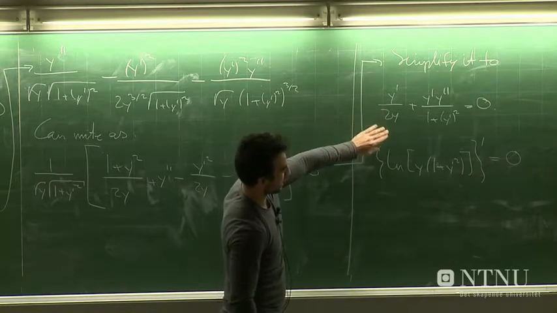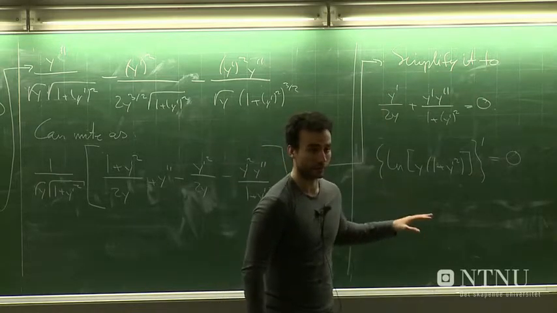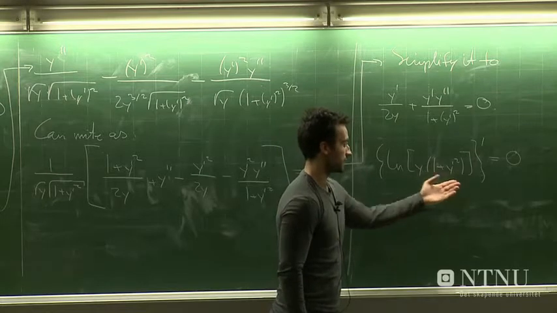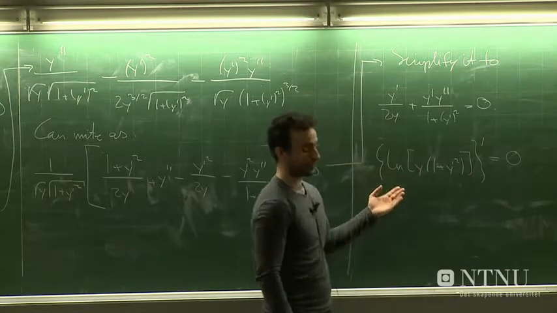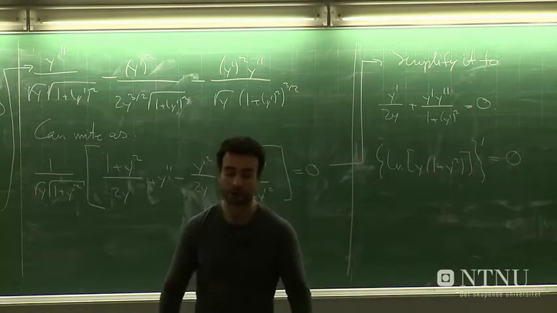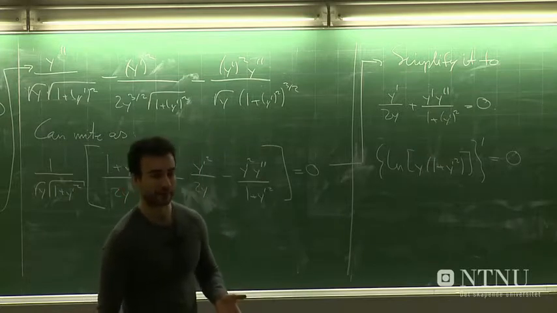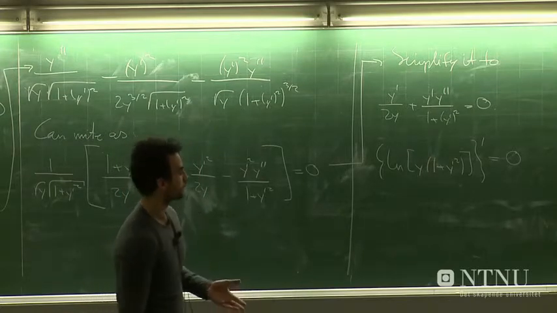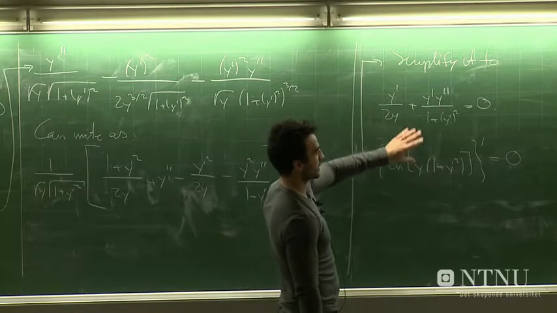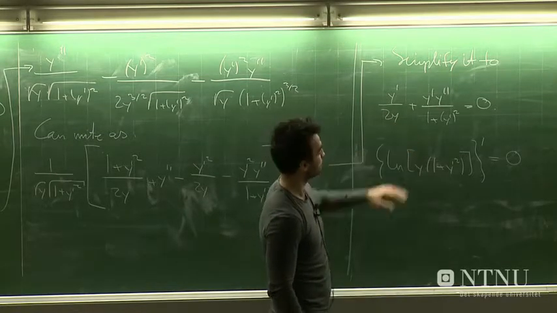So this can be written as the total derivative with respect to x of this expression. So keep in mind that, for instance, the derivative of the logarithm of x is 1 over x. So by doing that, you can actually achieve to get this expression.